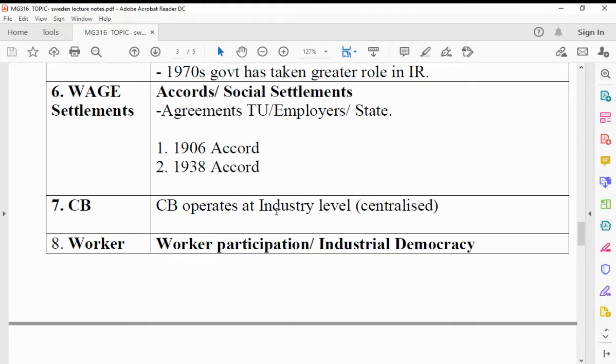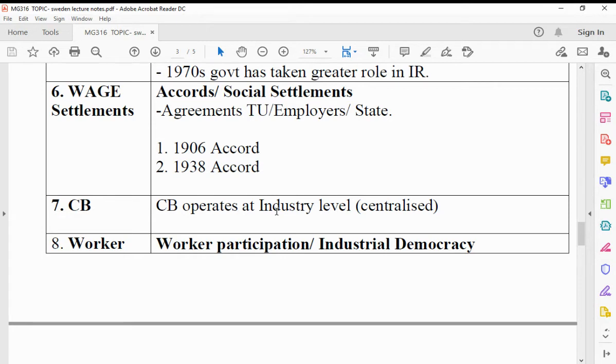So, what does this mean? Collective bargaining is centralized, operates at the industrial level. What this means is that the industrial trade union and the industrial employer association or the employers in a particular industry all sit together and do this collective bargaining process and then make a collective agreement. Collective agreement is the outcome of the collective bargaining process. So this happens in a particular industry, and whatever agreement is reached, every worker and every employer is to abide by this collective agreement regardless of the firm size.